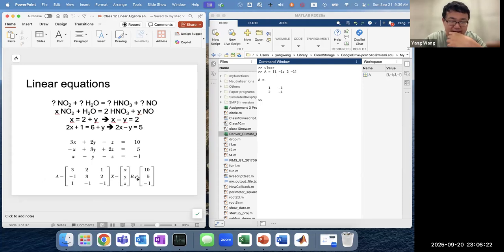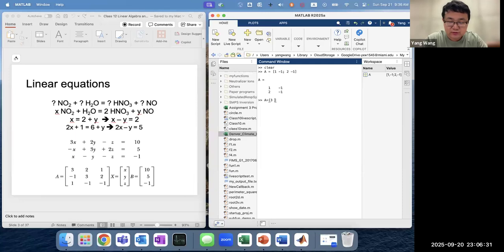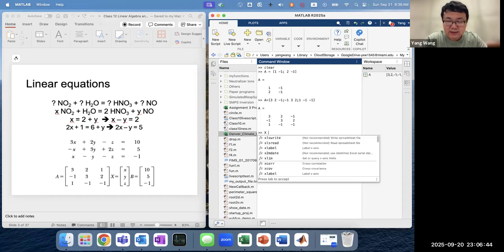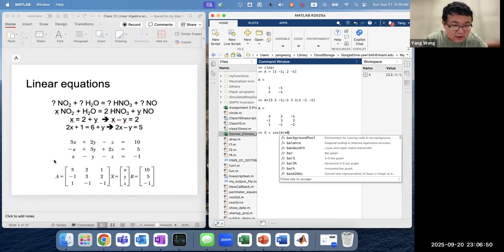So you have X equals inverse of A multiplied by B. This is mainly because if you multiply by the inverse of A, A to the power of minus 1, you end up having 1 here, so directly you have X on the left-hand side being inverse of A multiplied by B, right?